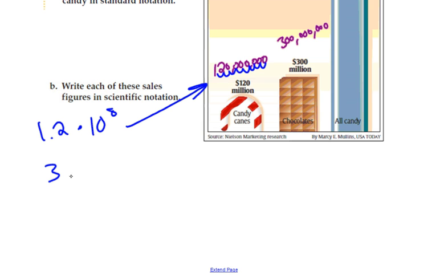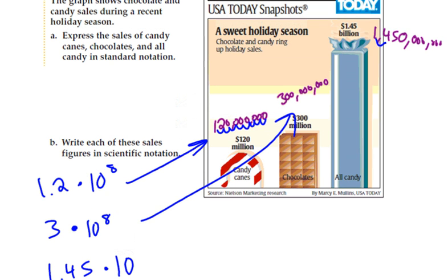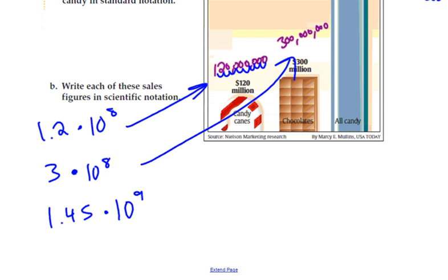It'll be 3, and this is also going to be times 10 to the 8th, the same number of digits there. And then the last one, we had 1.45 billion, so it's going to be times 10 to the, I'm going to have to count, 1, 2, 3, 4, 5, 6, 7, 8, 9. So 1.45 times 10 to the ninth.